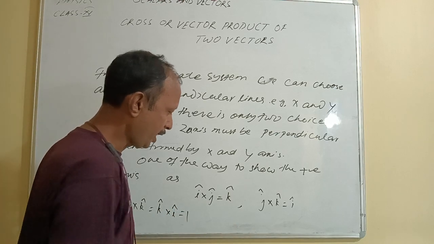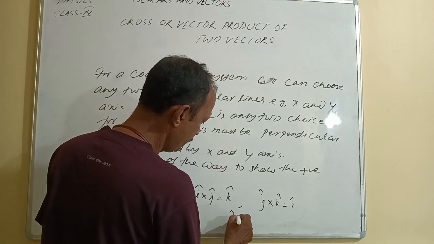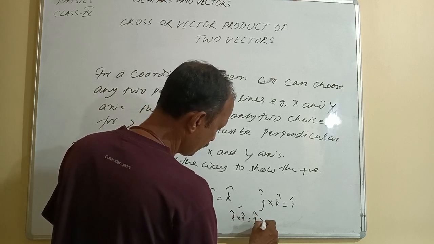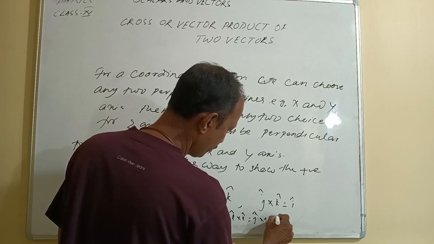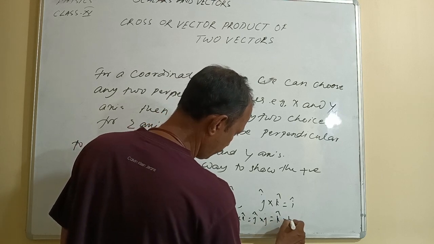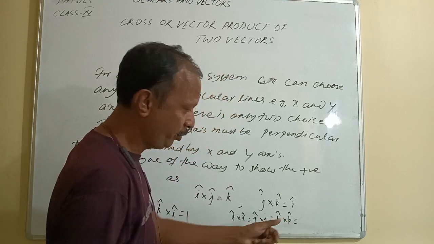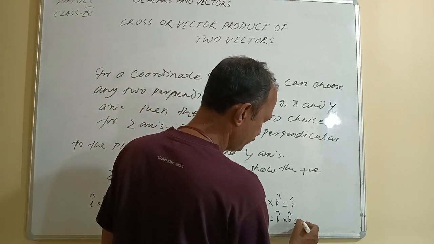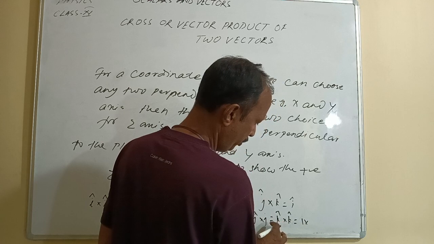And if I write like this, I cross I or J cross J or K cross K, that means all are unit vectors. Their magnitude is 1, AB sin theta, 1 unit vector.